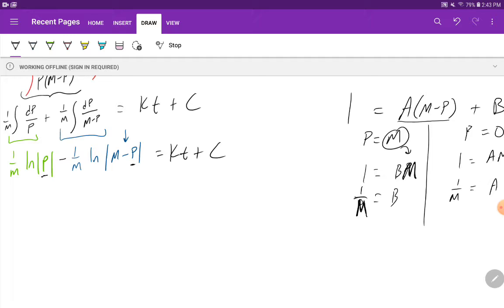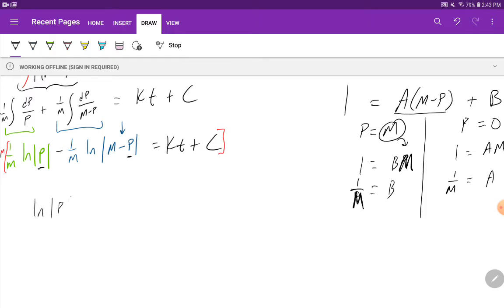I'm going to multiply everything by m, because I want to get rid of that m. So m times everything gets me ln of absolute value of p minus ln of absolute value of m minus p is equal to mkt. And then the c is just going to be another c value, because it's just multiplied by a value.